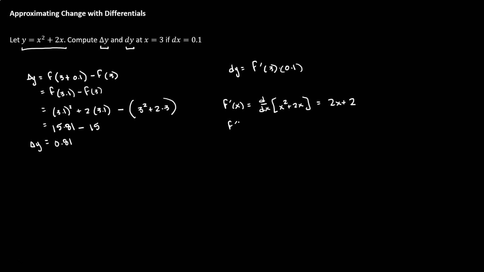If we evaluate that at 3, we get 6 plus 2, or 8. So we go back to our dy, plug in what we found. We get dy equals 8, that's the derivative at 3, times 0.1, which comes out to be 0.8.